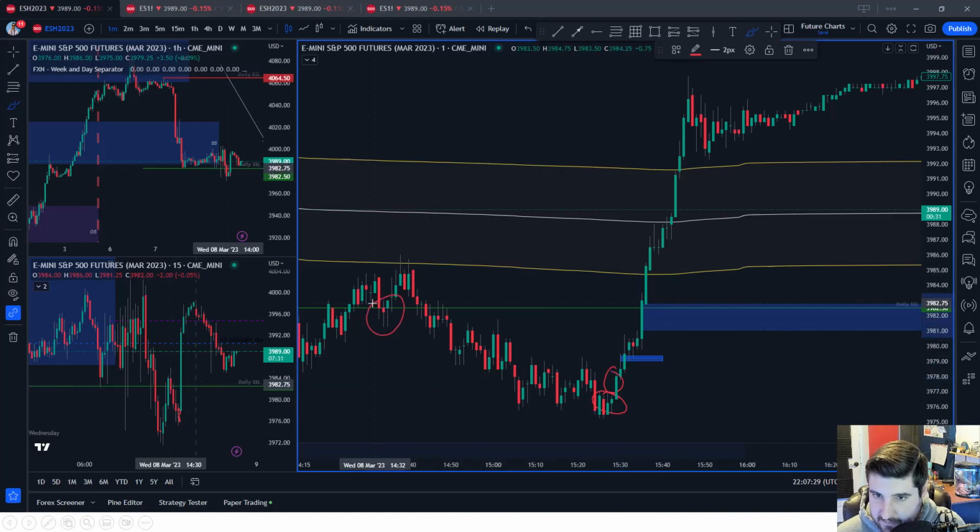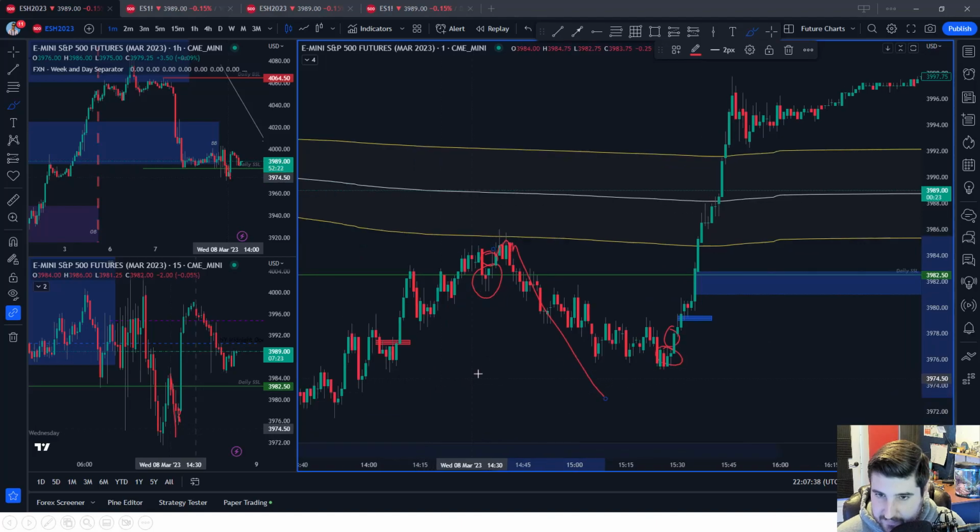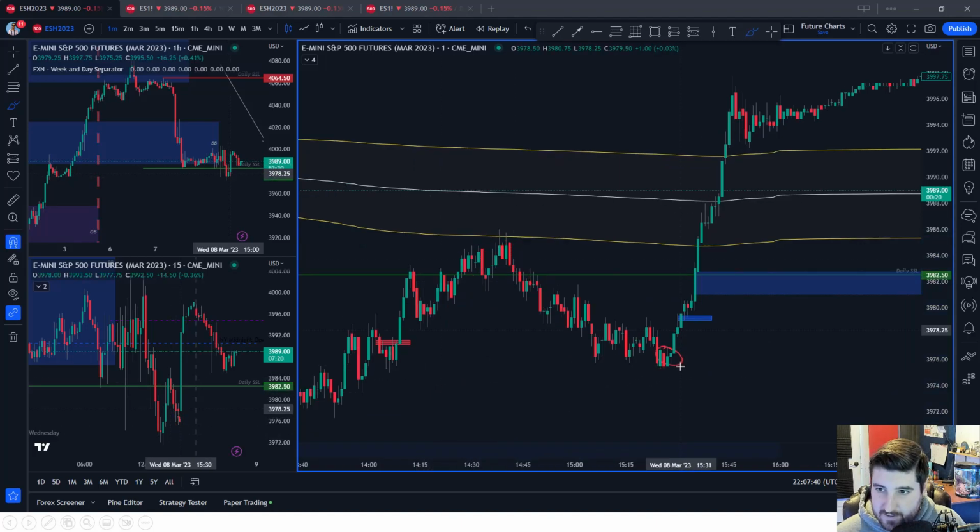Then you can see right here, we had two of them, two indecisive, and price just kind of chopped around before going back down. So long story short, you want the candlesticks to tell you a story about which way price is going to be flowing. Again, here you could see price rejecting.